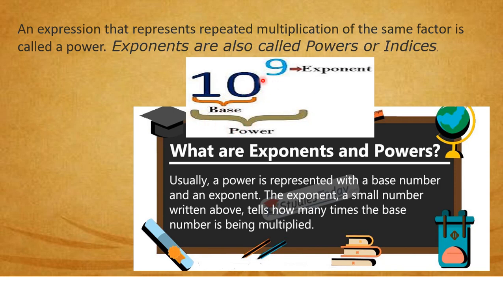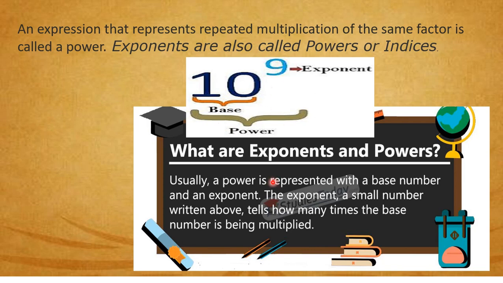Now here we have to pronounce it as 10 to the power 9 or 10 raised to the power 9. So here a power is represented with a base number and an exponent.